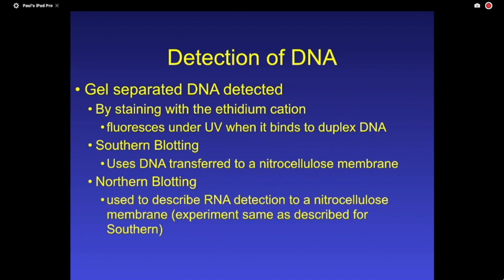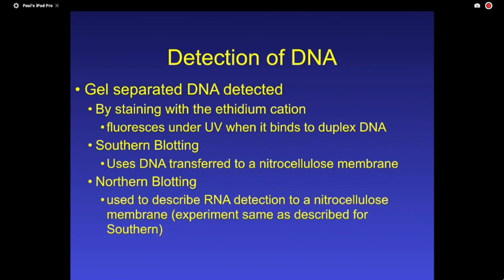The most often used, although we don't use it here, is ethidium. Ethidium cation is mixed into the gel, and we shine UV light on it, and wherever DNA is, the ethidium binds to it and fluoresces. If it's not bound, it doesn't fluoresce. And so that's a wonderful way to identify where the DNA is.